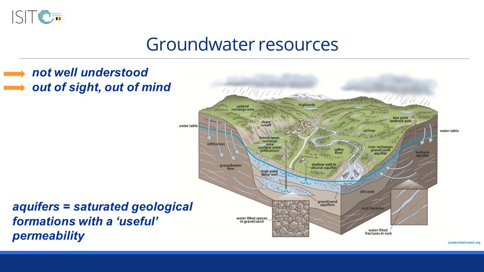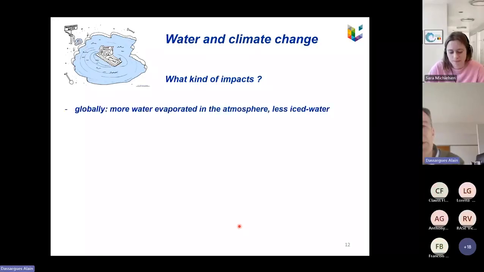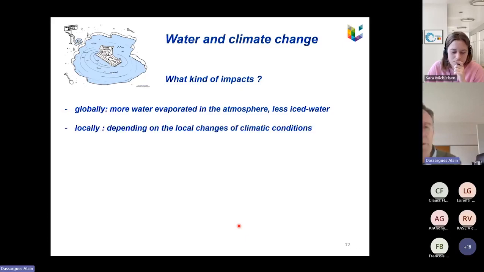Maybe a few words about what kind of impact we are expecting due to climate change on groundwater. Globally, more water will be evaporated into the atmosphere as the temperature increases. We have indeed less ice.